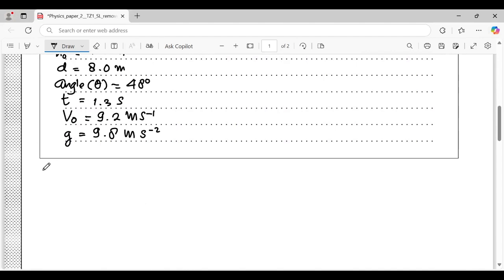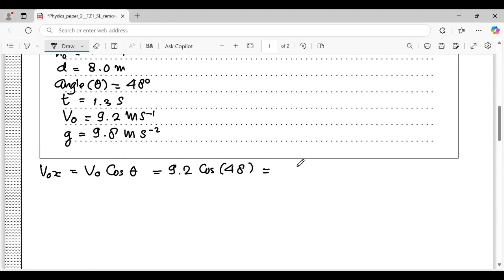The horizontal component is V0x, it is V0 times cosine theta, which is 9.2 meters per second times cosine 48.